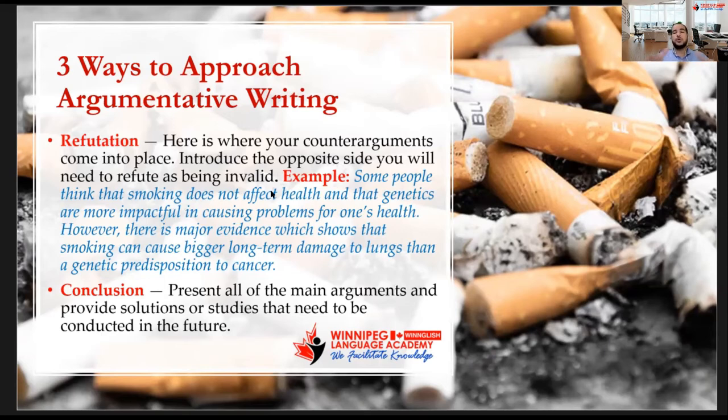Then you need to come to a point where you mention that, and this is for university papers, you need to come to a point to prove that we don't have enough evidence, maybe, if there is not enough evidence that your argument is valid or the other argument is valid. Or you might suggest that we need more studies on the impact of genetics on our bodies, maybe. It depends on the topic, but you need to mention something like that.